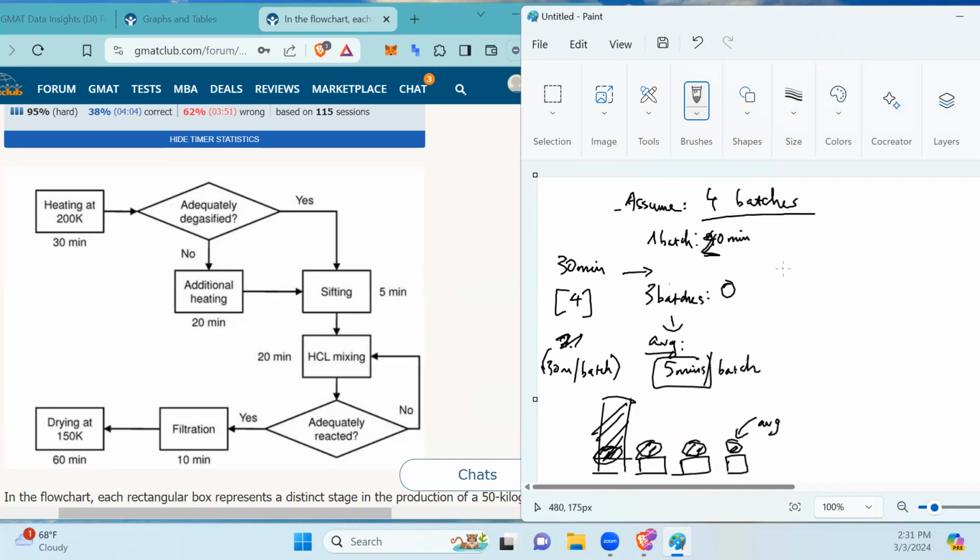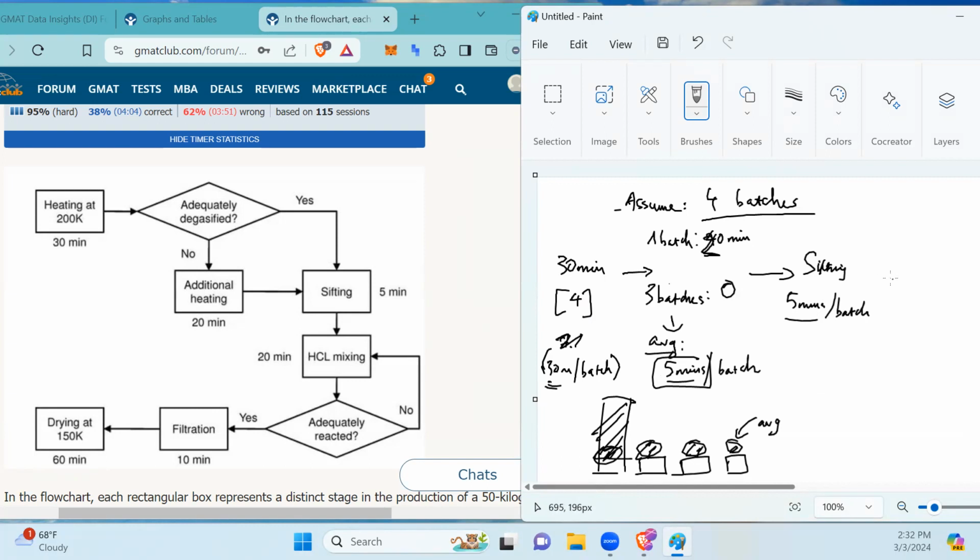And then for sifting, it's again 5 minutes times 4 over 4 equals 5, so each batch sits for another 5 minutes. So what's the total minutes for each batch now? 35 plus 5, which is 40.